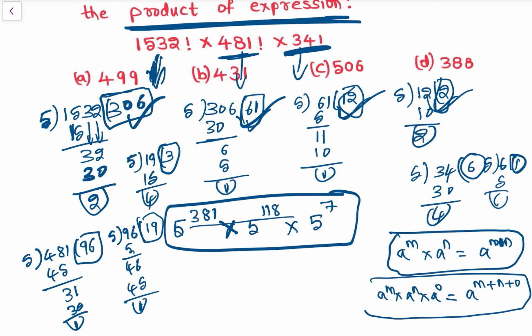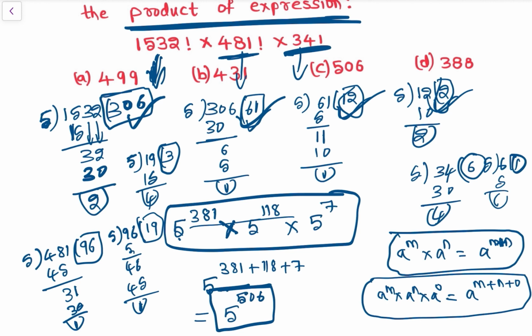Okay, so here 5 is a to the power, so that would be 5 to the power 381 plus 118 plus 7. So that would be 5 to the power 506. 5 to the power 506 would be the answer. So option C is the answer. 5 to the power 506.